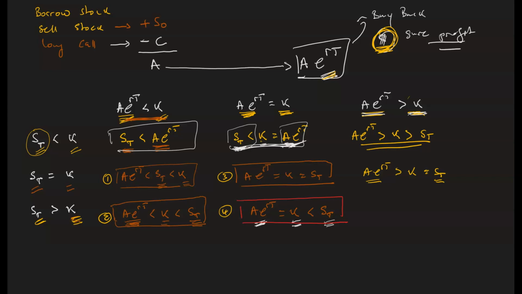And finally, we know that our stock price is greater than the strike price, and the future value of our investment is also greater than the strike price. So what we're going to have is something maybe like this, where A future value is going to be greater than the strike price, is going to be greater than the stock price, but it's also greater than the strike price.